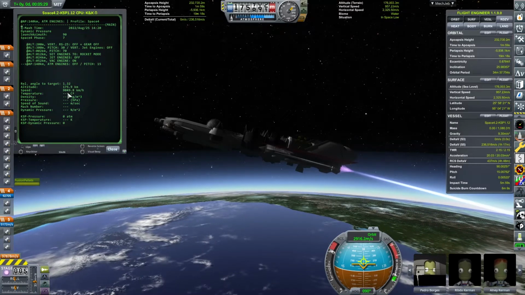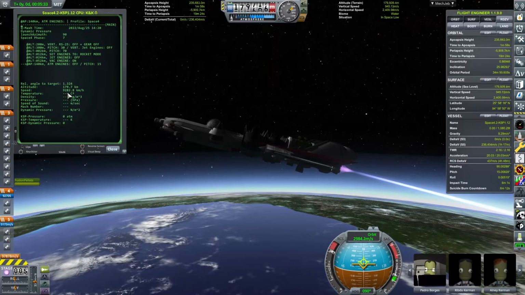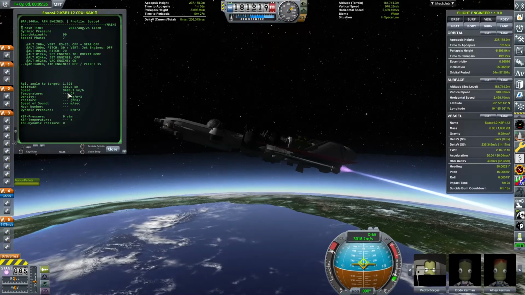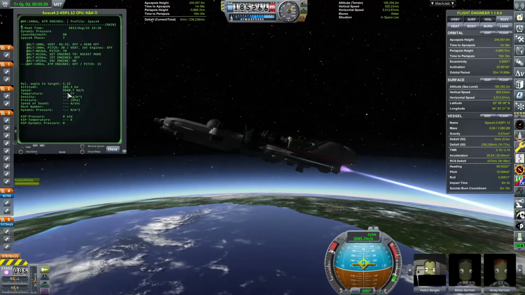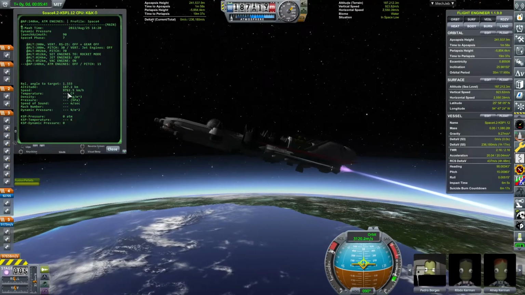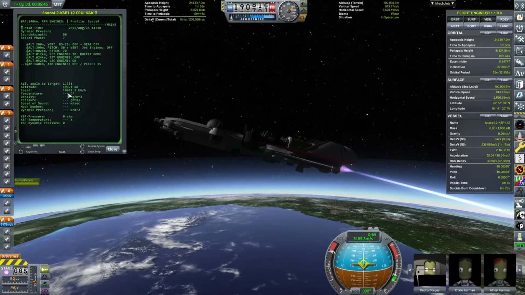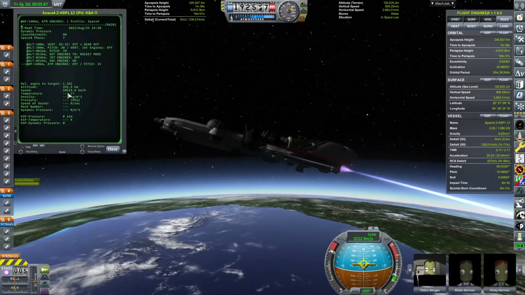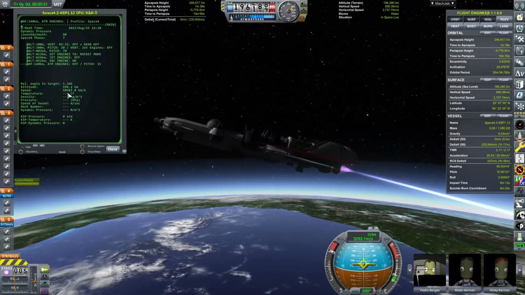Right now we are at about 9,000 kilometers per hour, and in order to achieve orbit we'll need to be at about 25,000. So we are not yet at 50% of the speed that we will need. That will happen relatively soon.